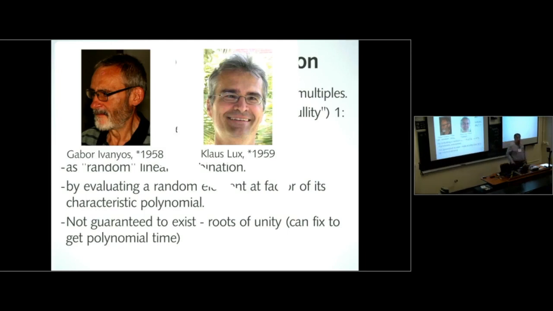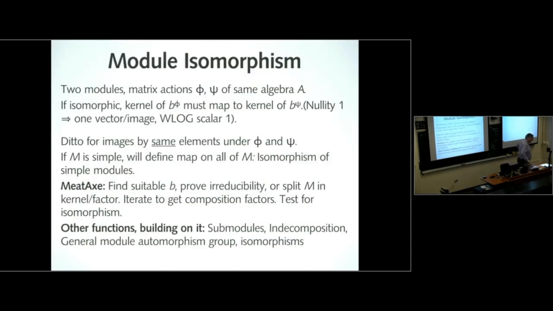But that's not all. There is something else one can do with a meataxe. Namely, one can build further things from it. And I just want to give you a very vague idea of one of these cases, namely isomorphism of simple modules. In fact, what is typically meant when people talk about meataxe, they mean a package which has further higher level functionality.